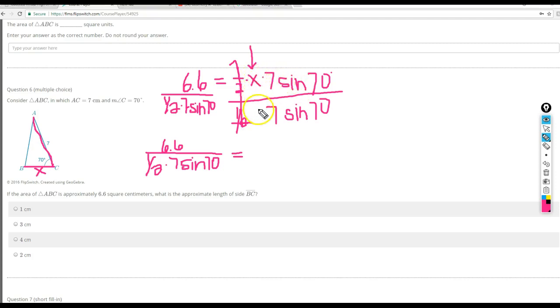I have X, 7 divided by 7 reduces down to a form of 1. Sine of 70 divided by sine of 70 reduces down to a form of 1. So I have 1 times X times 1 times 1. So 1 times X times 1 times 1 is X.